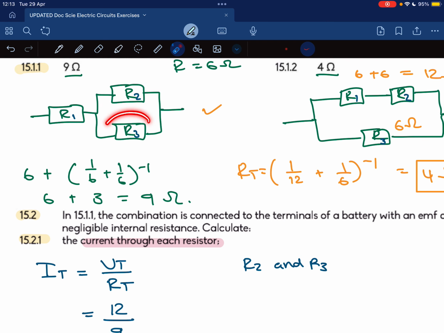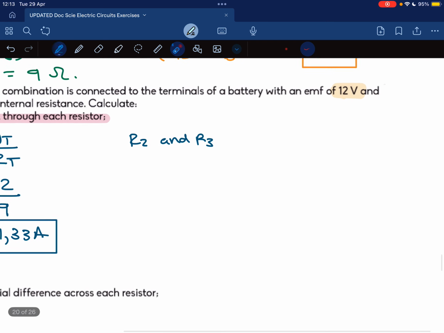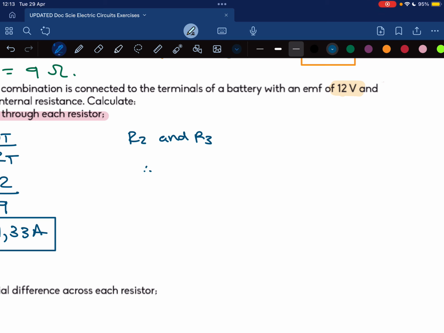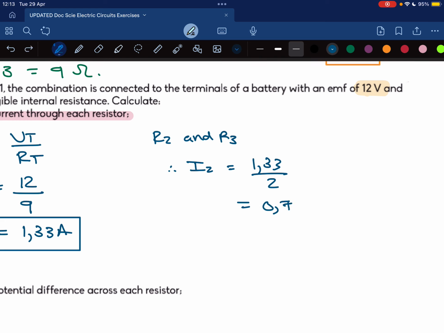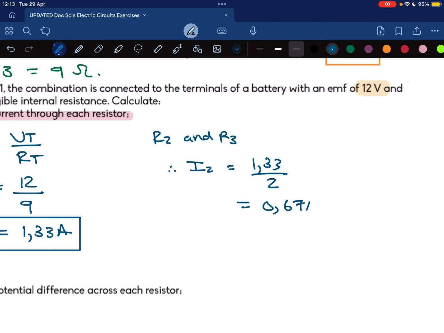Because this is 6 and that's 6, all I have to do is take the total current, which is 1.33, and divide by 2, which is equal to 0.667 amps. So R2 and R3 have a current of 0.67 amps each.